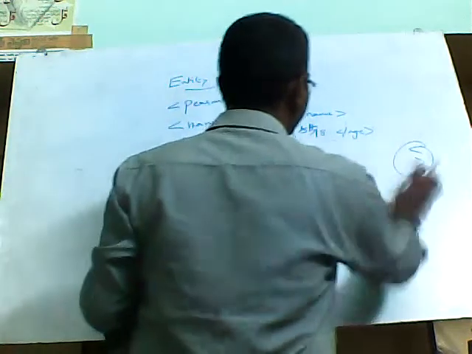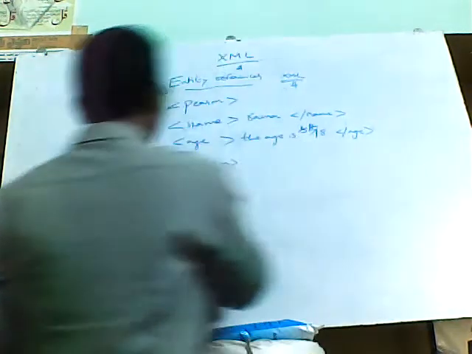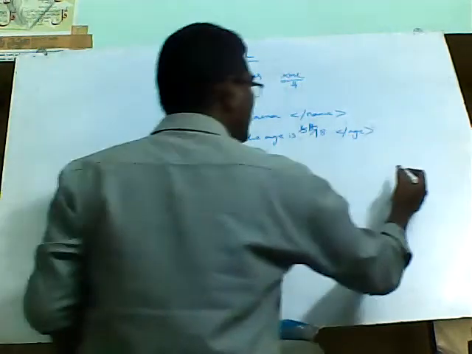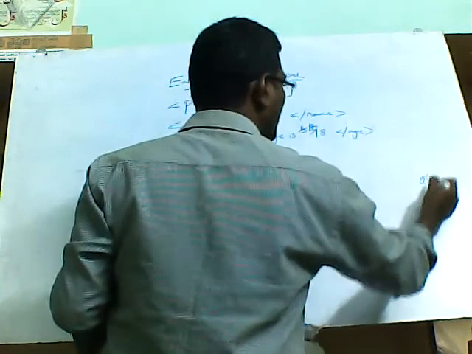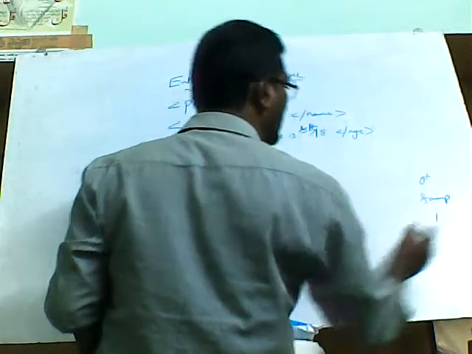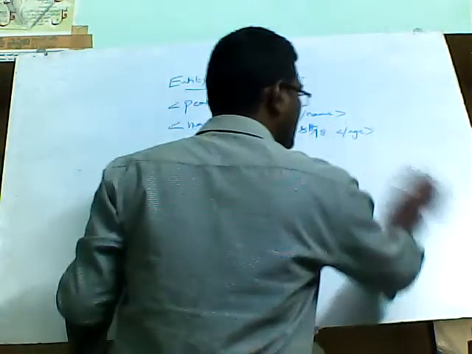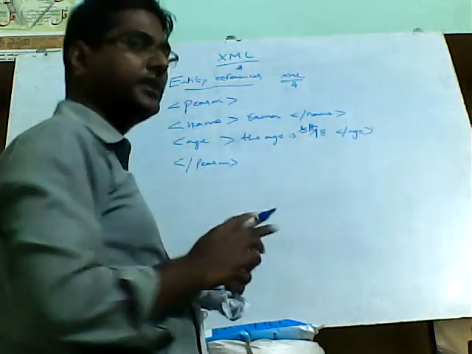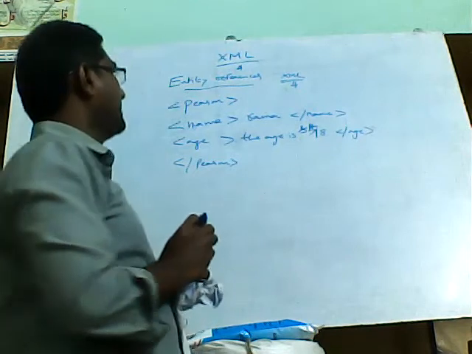Similarly you can use GT, ampersand AMP, apostrophe and double quotations. These are the five different types of entities you can use in XML.